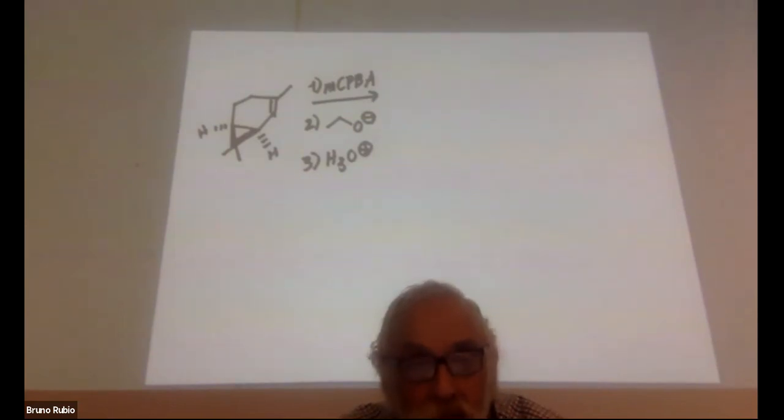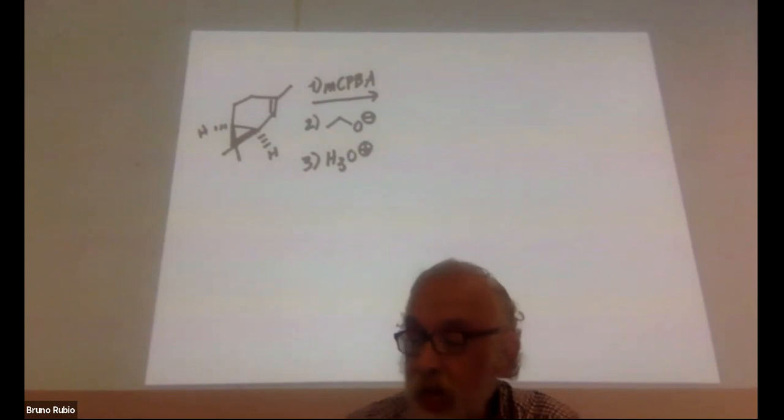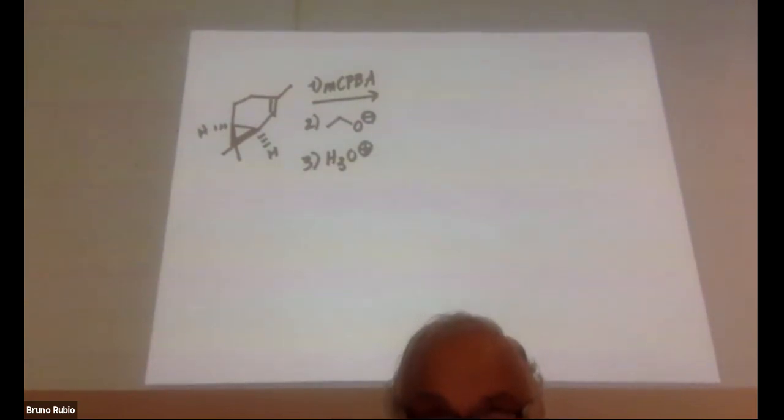So obviously a skill that you want to work on is being able to detect the less hindered and the more hindered side of an alkene. Tell me in the chat, what about that epoxide oxygen at the end of step 1? Dashes or wedges?